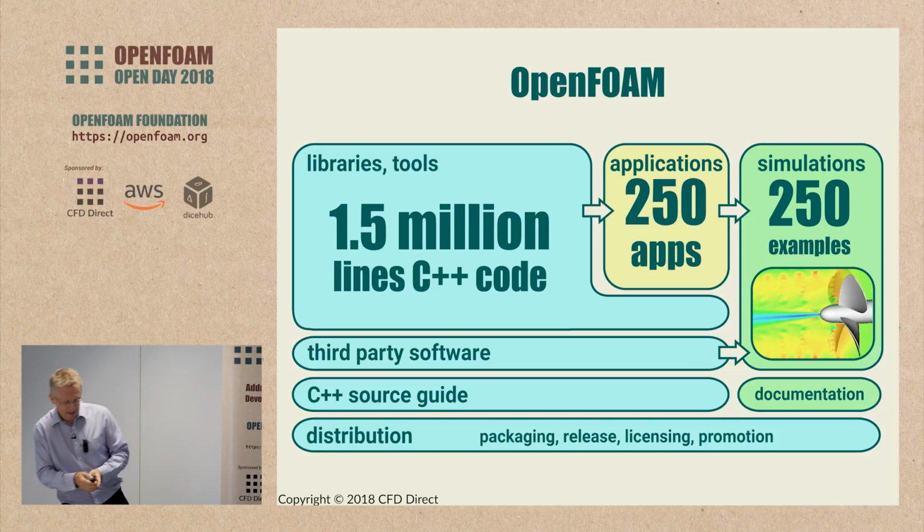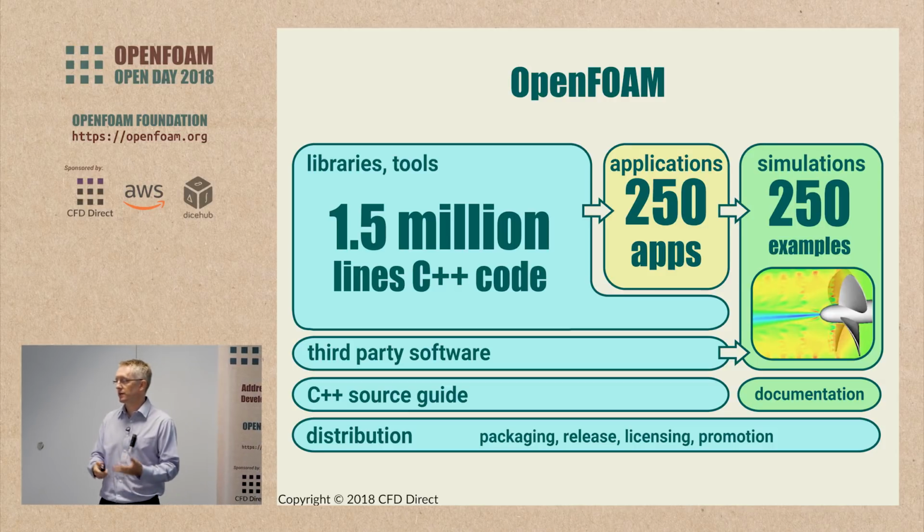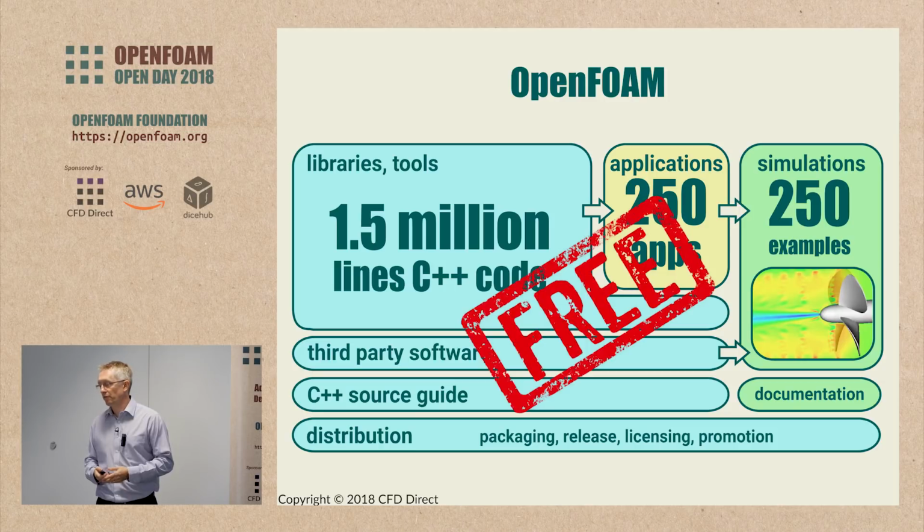And I've added a layer in here which talks about some of the other things that are needed: distribution, how we get this to people, source guide, documentation, third-party software. So it's a big thing. And it's free. That's what we're offering here. We provide this for free.